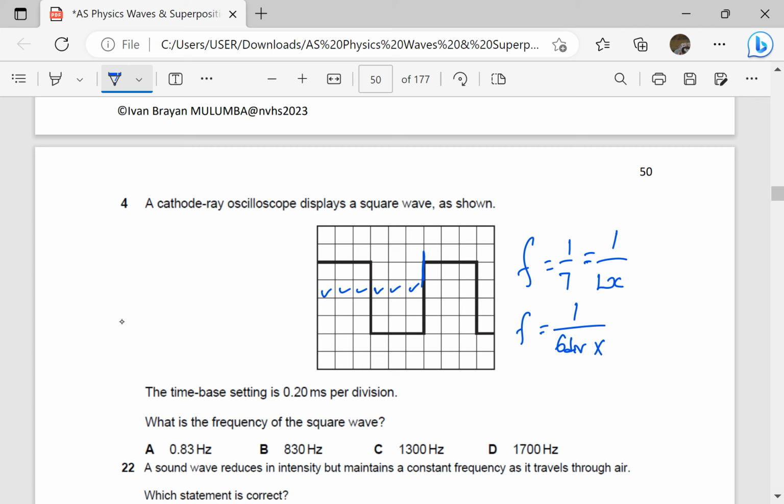Then times the time-base setting, which is 0.2 times 10 power negative 3 per division. That is division power negative 1, so per division has cancelled.